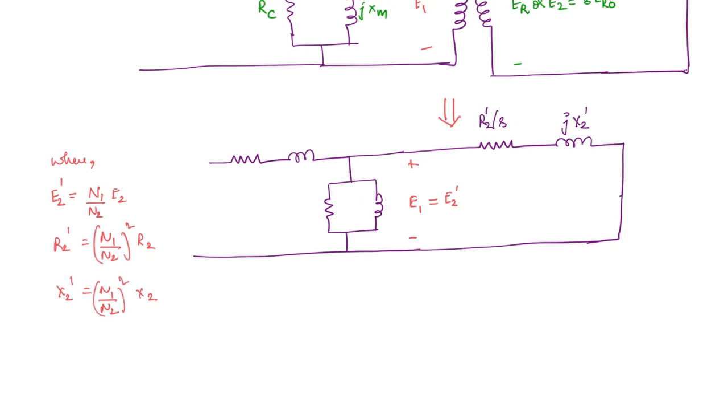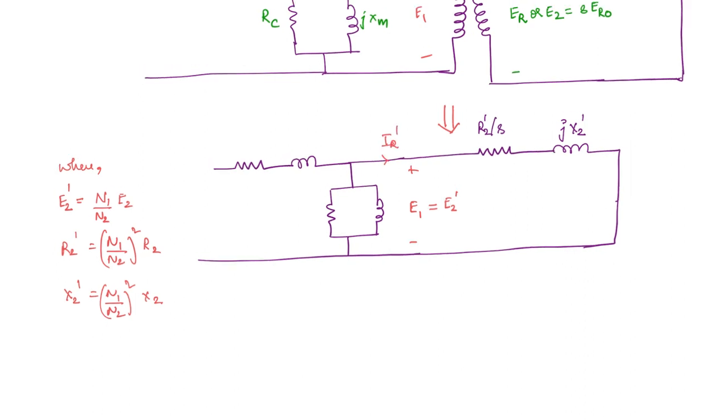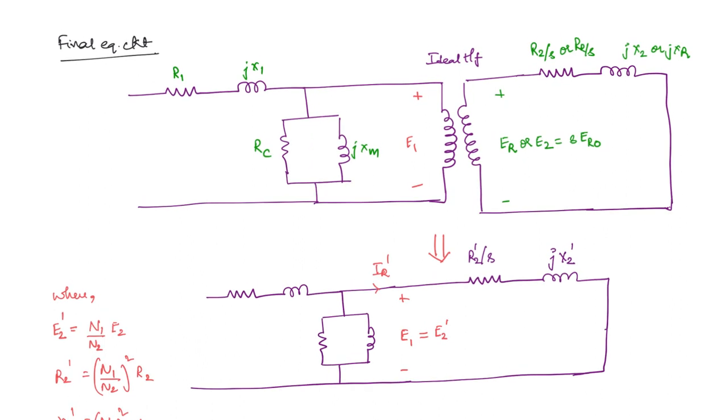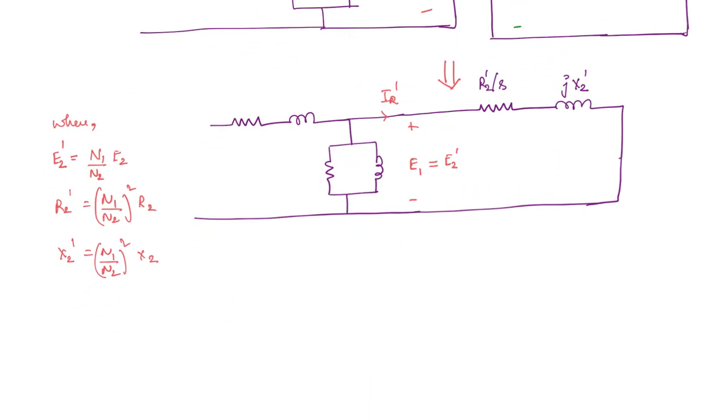Now what about the rotor current? This is going to be IR dash. Initially, the current flowing through the rotor side was simply IR. Now that we have referred to the stator side, we will write it as IR dash. The relation between IR dash and IR will be N2 by N1 into IR.